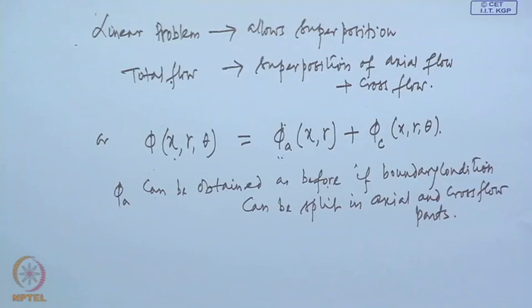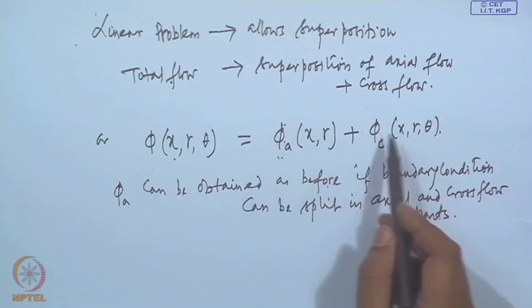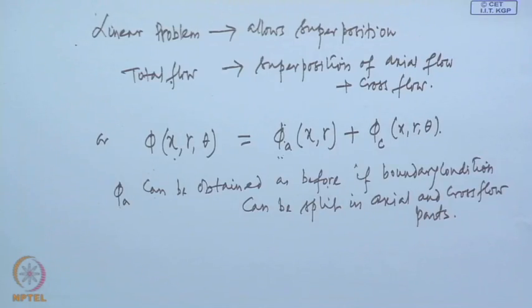Now, one thing we must remember is that while solving the problem for axial and cross flow, the corresponding Mach number in the potential flow equation must be taken as m infinity, that is the undivided Mach number, not the Mach number based on the component.